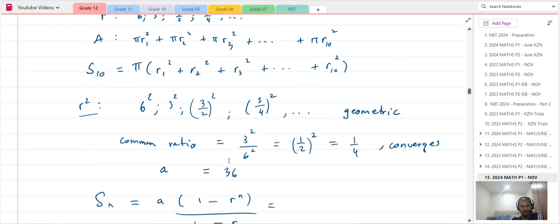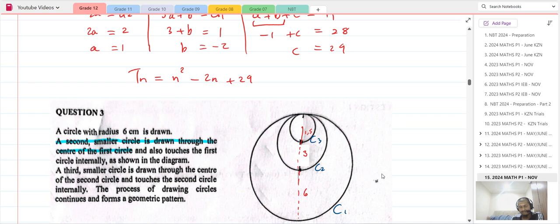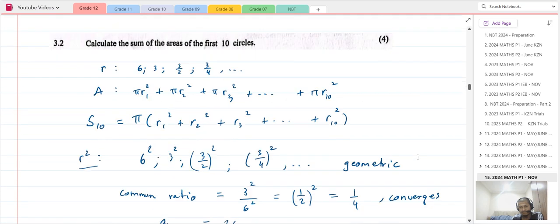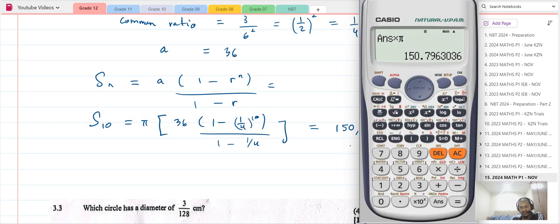That's what they wanted: the sum of the areas of the first 10 circles. So that should be the answer. Or can we write it as 48 pi? What was my answer? It was 48 pi.